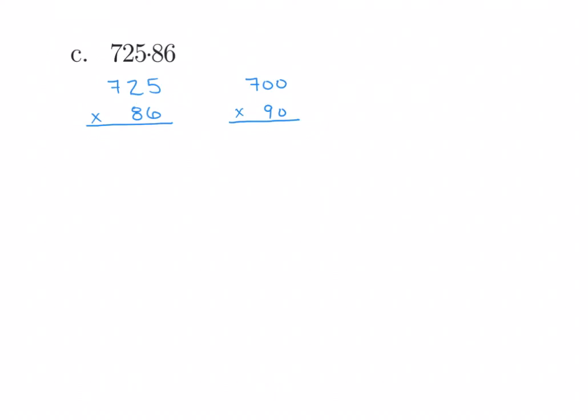Remember that basically what this entails is I just want to multiply my 7 and my 9. 7 times 9 is 63. And then we're going to go ahead and bring down all of the zeros that are in the problem. So this should be 63,000.